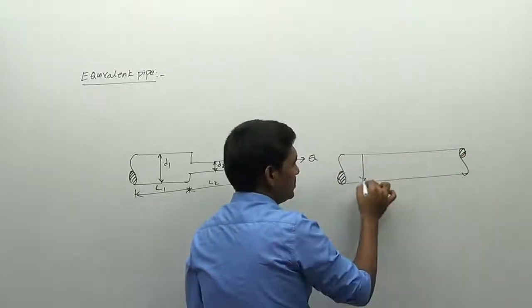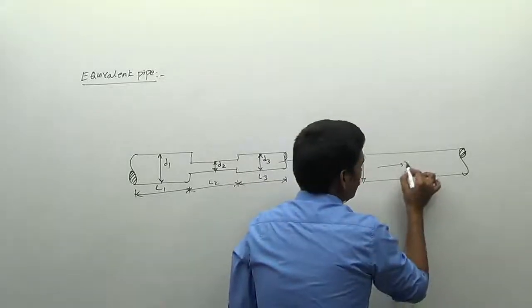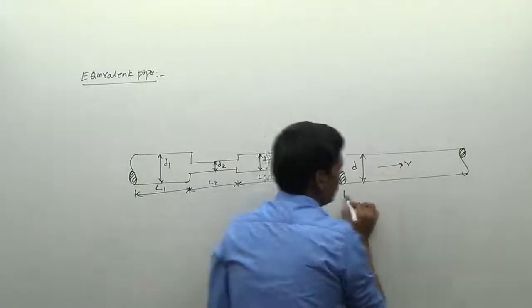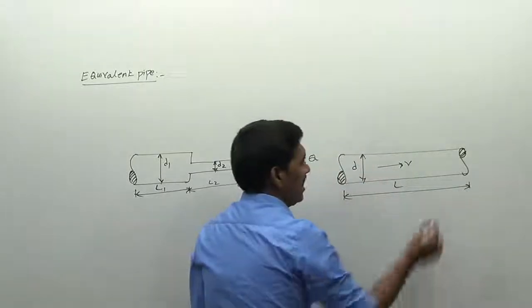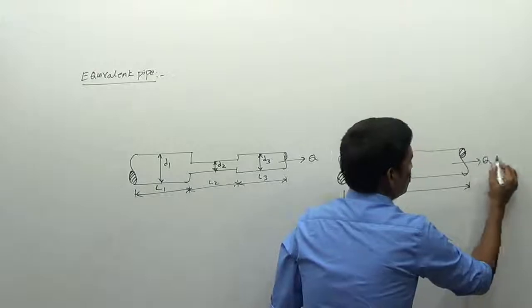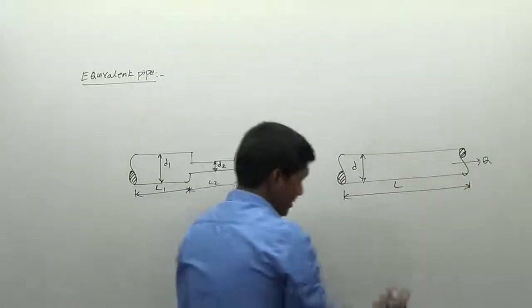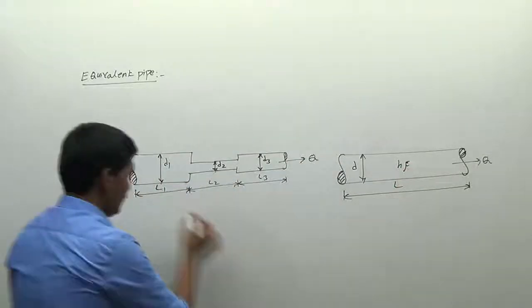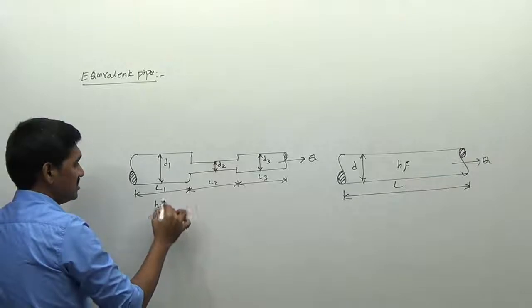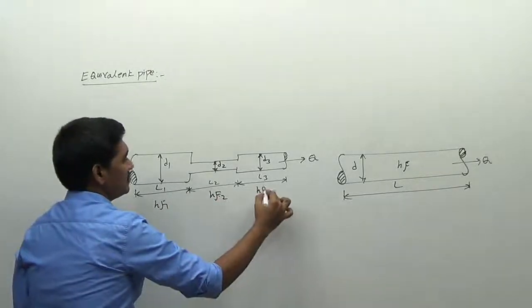This has a diameter of D1, a velocity of V, and a length of L, and it has the same discharge Q. I am removing this velocity and placing the discharge Q here. It has a loss of head due to friction HF, and this total loss is nothing but HF1 plus HF2 plus HF3.